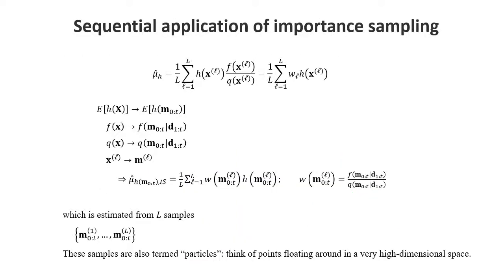Let's come to the sequential application of importance sampling. Say we're doing importance sampling and we get data in time. The idea here would be, of course, to steer your sampling to the areas where you have the data. But of course, you don't want to sample from anything else in the prior distribution, otherwise you're not applying Bayes' rule correctly.